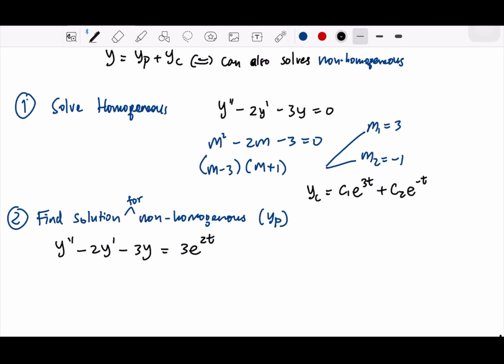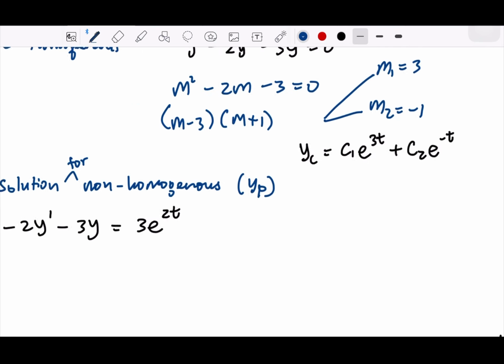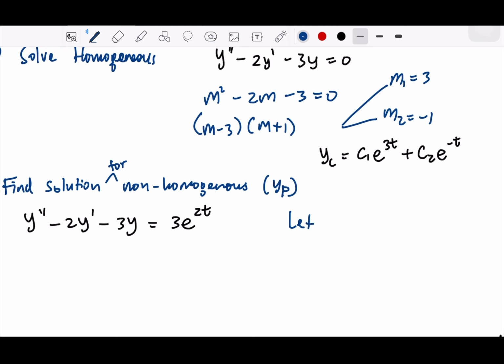So let's say our yp is equal to some constant a multiplied with e with power of 2t. Okay, so this is why it's called undetermined coefficient. We are having an undetermined coefficient here that we are going to find when we solve this.